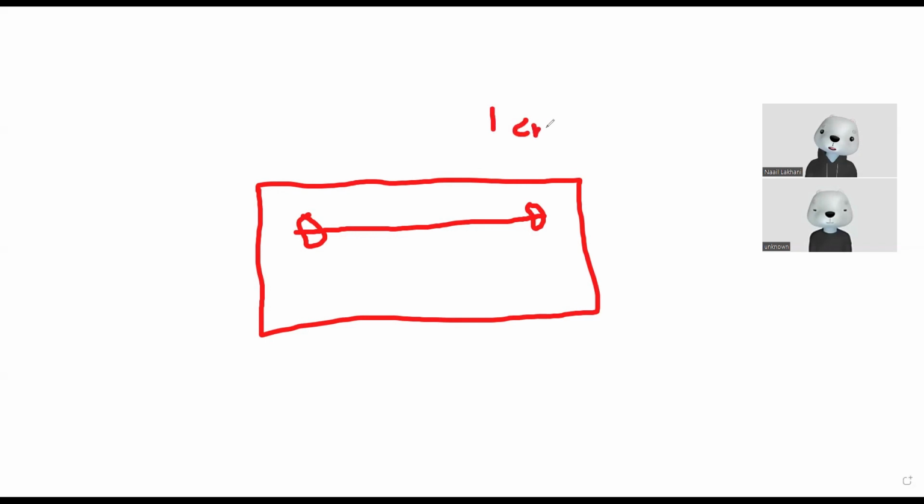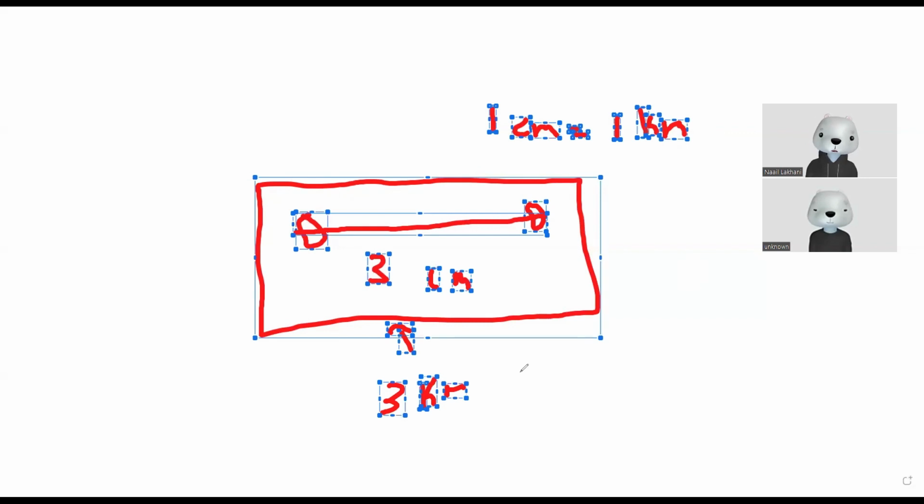So for example, 1 centimeter equals 1 kilometer in real life. So once you measure, let's say this is 3 centimeters, you know now that your displacement, the shortest path, will be 3 kilometers. You can use a map to measure it too. And always remember, displacement is mostly a straight line, okay?